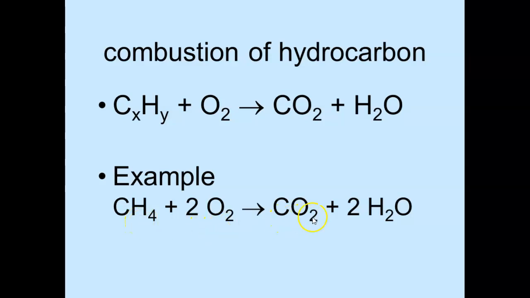You add oxygen, you get carbon dioxide and water. You could have two carbons and eight hydrogens, and you'd still get carbon dioxide and water. You could have 10 carbons and 44 hydrogen. You'd still get carbon dioxide and water for the products every time. So the products are always carbon dioxide and water when you burn a hydrocarbon.